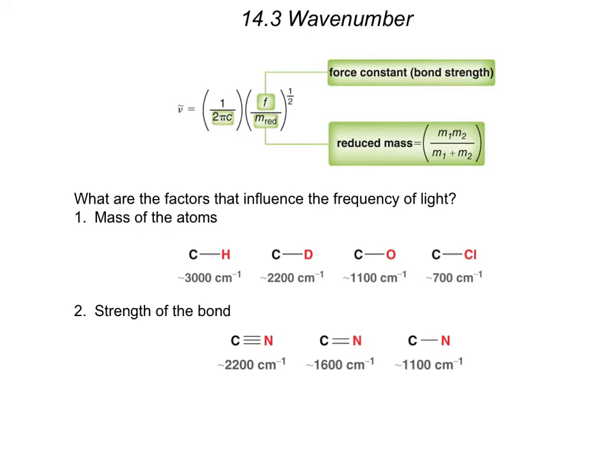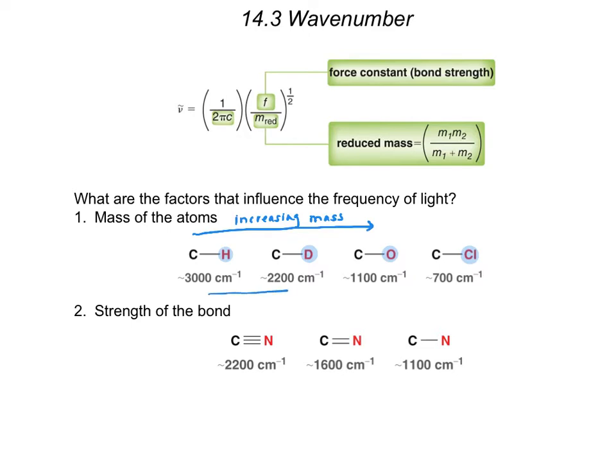As we have a carbon attached to hydrogen versus deuterium versus oxygen versus chlorine, what's happening overall to the combined masses of those two? As we go from left to right and we combine those masses, we're seeing an increase in mass, right? Because chlorine's super heavy, hydrogen's not heavy. So going from left to right, we're increasing the combined mass, which is increasing essentially the reduced mass.